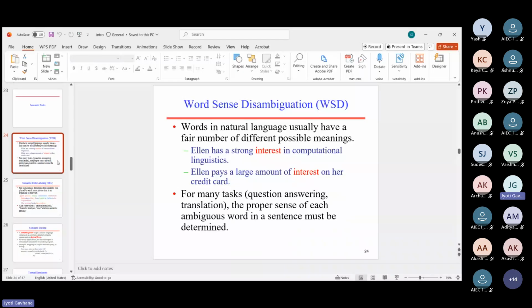Now the same thing happens here. You may find the same word with the same spelling and same pronunciation, but the meaning is different. "Ellen has a strong interest in computational linguistics," whereas "Ellen pays a large amount of interest on her credit card."